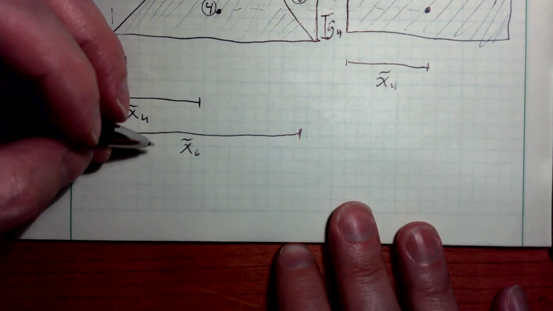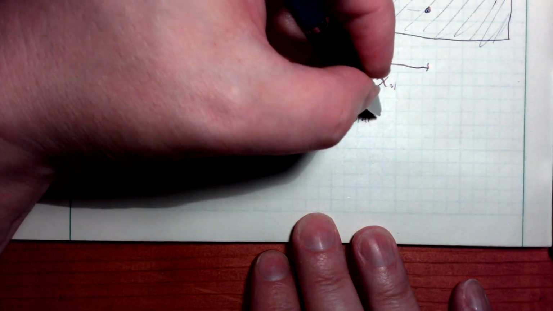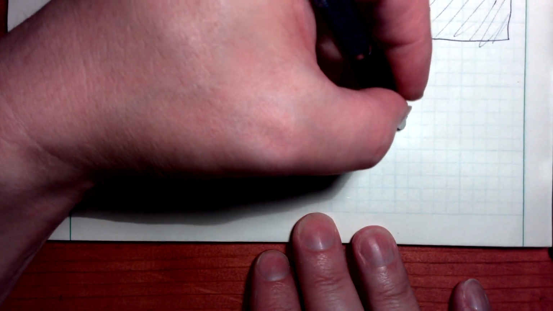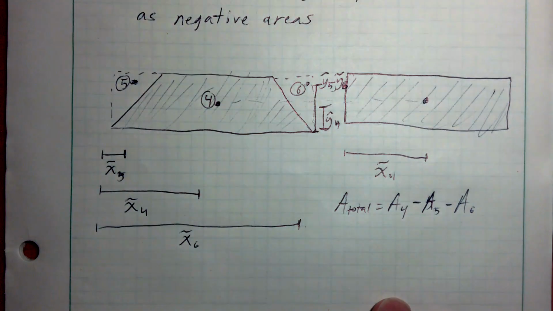So what would we do here? Well, here we would say the area total is going to be this A4, the area of this large entire rectangle, and then I'm going to remove these two areas, so I would remove minus A5 and also minus A6.